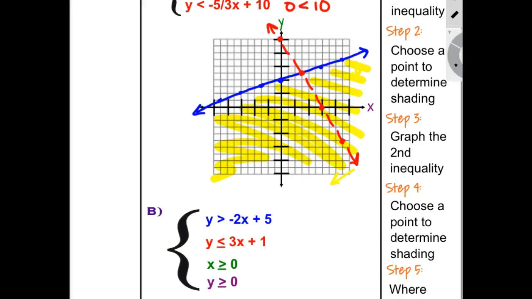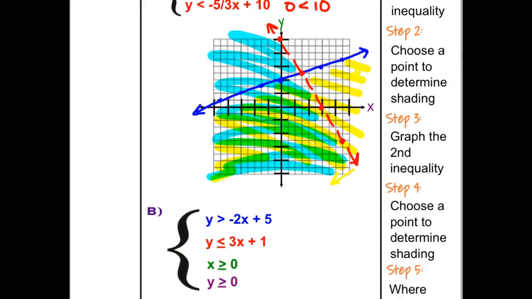Now, if I shade on the other one, it is going to be right here. And so where our overlap is where our solution is. And our overlap is going to be below the blue line to the left of the red line, which I'm going to shade in my nice dark purple.